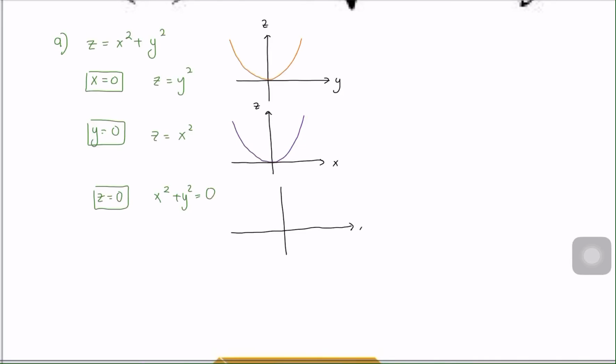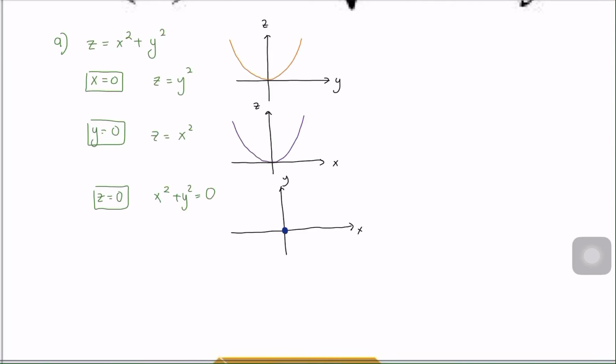Let's say we have the x and y plane. Suppose it's a circle, right? Yes, it is a circle, but we have a radius of 0. Why 0? Because it is radius 0, so it will be just a dot.